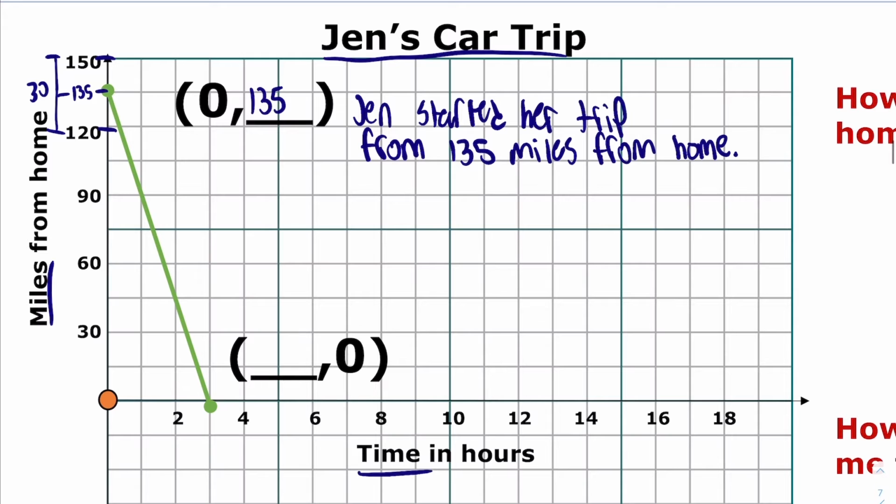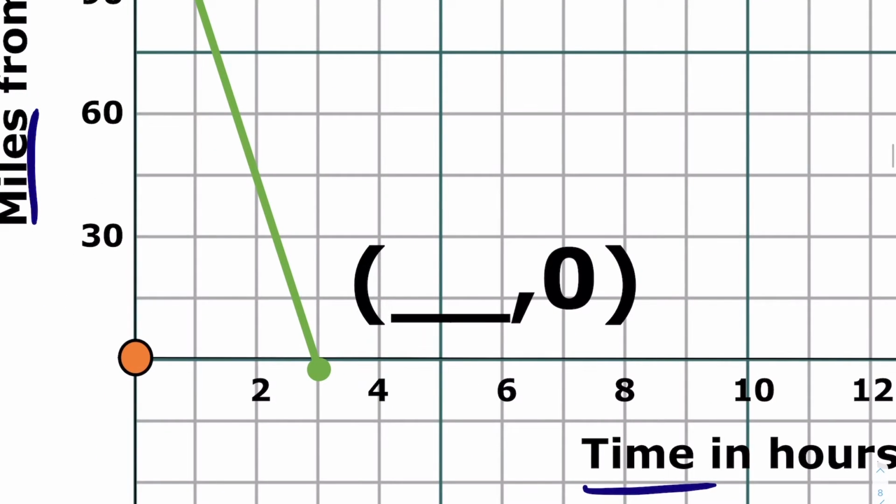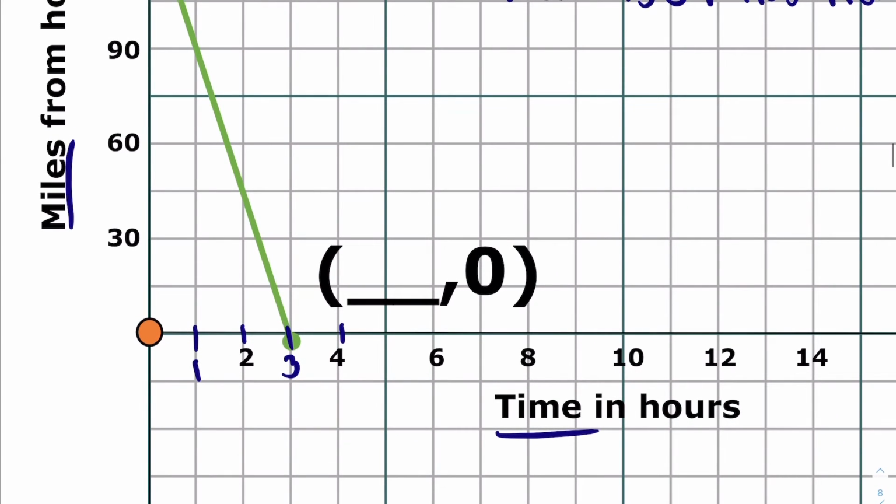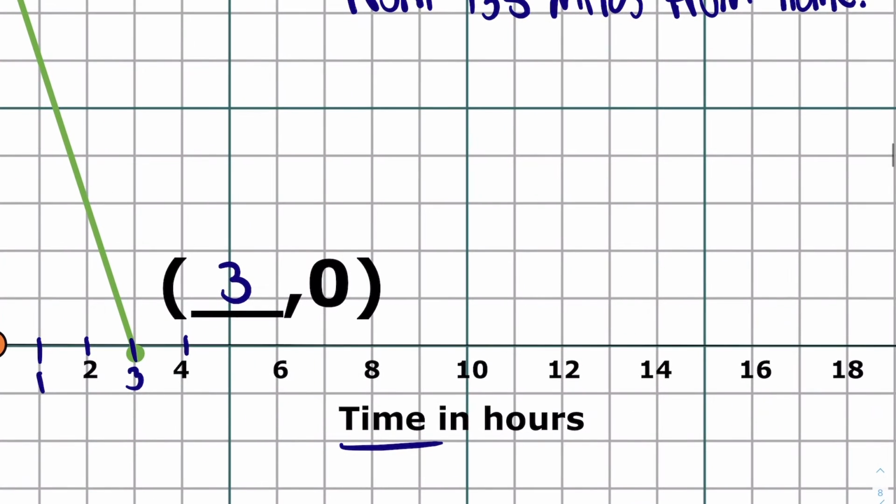The x-axis is measuring time. It looks like 1, 2, 3, 4. Each box is 1 hour. The dot is at 3 hours. Jen got home after 3 hours.